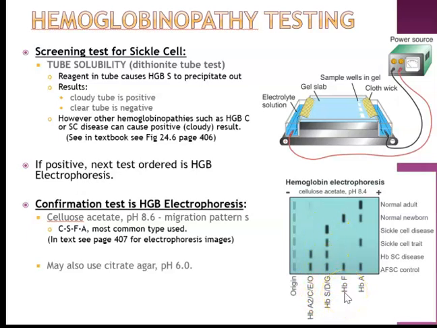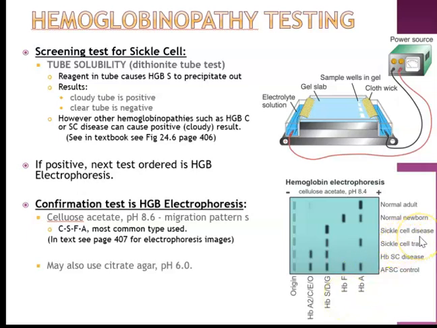Our hemoglobin F samples run to right here. And then hemoglobin A samples run right here. So hemoglobin A would be a normal adult. That should be the only type of hemoglobin they have. Our normal newborn, remember, can have hemoglobin A and hemoglobin F.